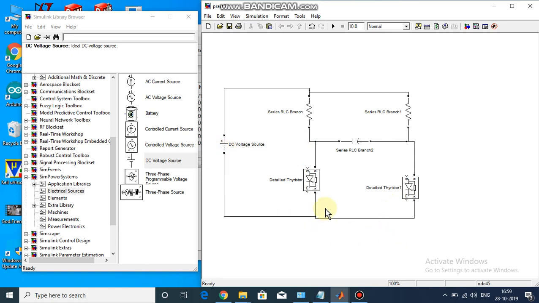This is the negative supply, and the gate needs to be applied with pulses, so we'll have a pulse generator.